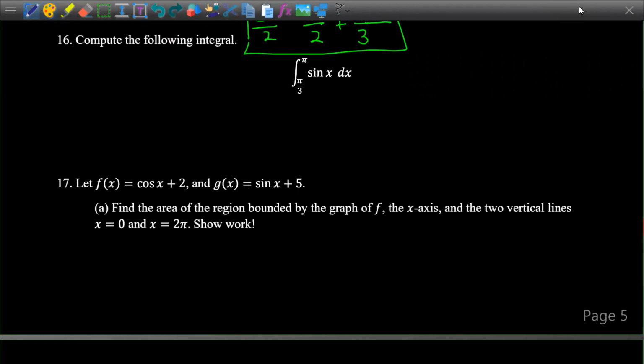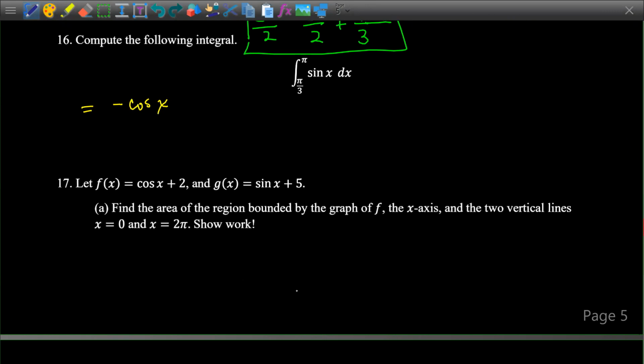All right, number 16, we have another definite integral. Our antiderivative here is going to be negative cosine of x. If you differentiate that, then you would get negative sine of x, which would be positive sine of x.